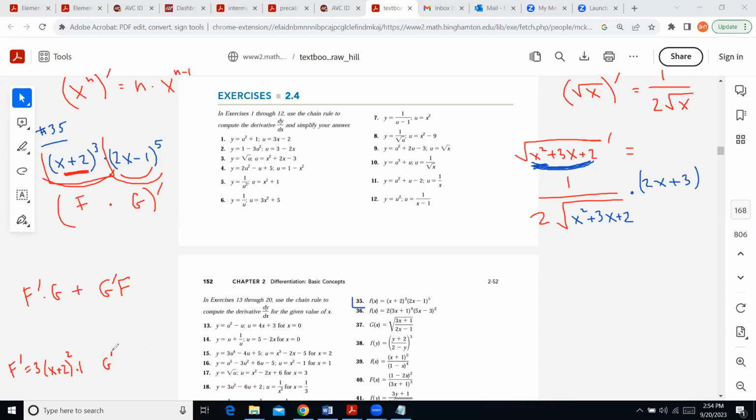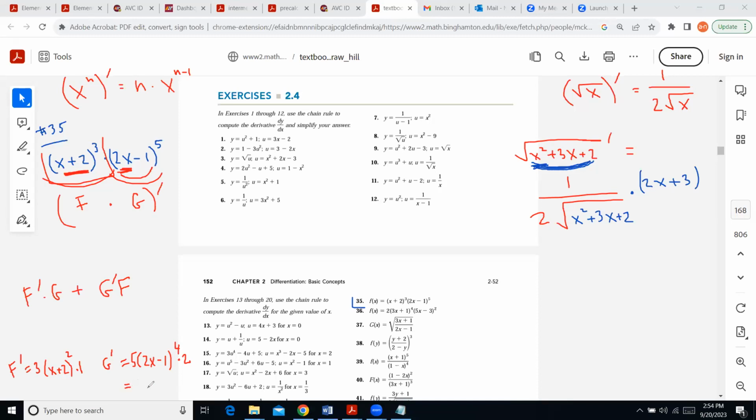So g prime will have a 5 on the ground, and the power will be 4 here because the 2x minus 1 needs to be raised to the power of 1 less than 5, times the next thing, which will be taking derivative of 2x, which is equal to 2. So this will be our starting point.